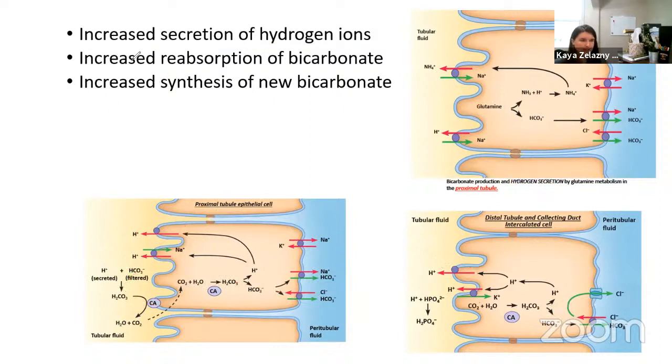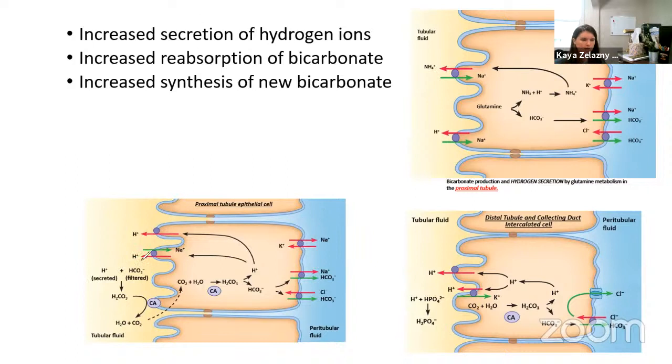At the same time, we would want to increase the reabsorption of bicarbonate, because bicarbonate acts like a sponge for hydrogen ions. If we get bicarbonate in the blood, it's going to soak up all the extra hydrogen ions that are making our blood acidic. So if we can get more bicarbonate into the plasma, that's great. That's going to help us lift that pH back to normal.